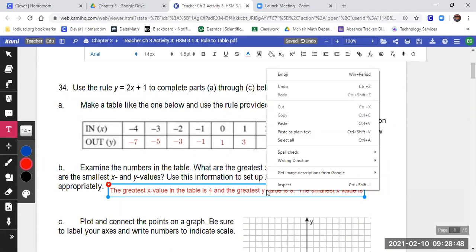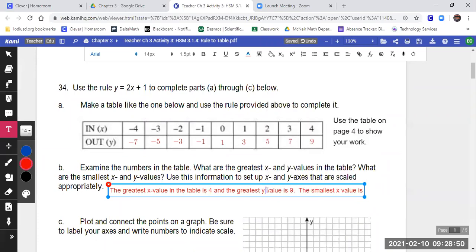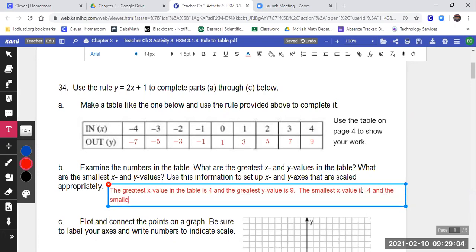What's the smallest X that we have showing in our table? -4. Okay, and then they want to know the smallest Y value. -7.